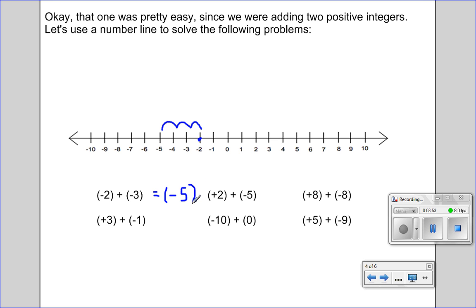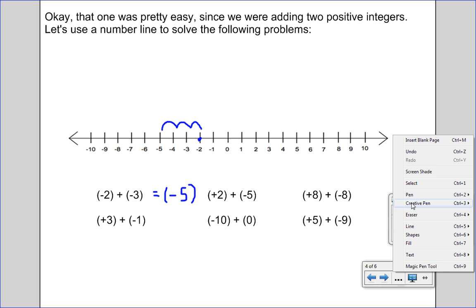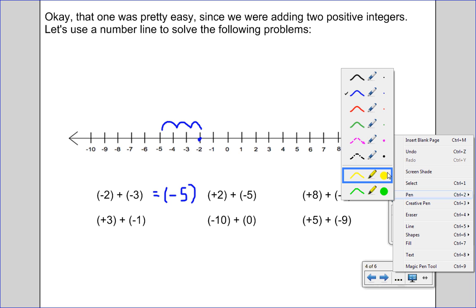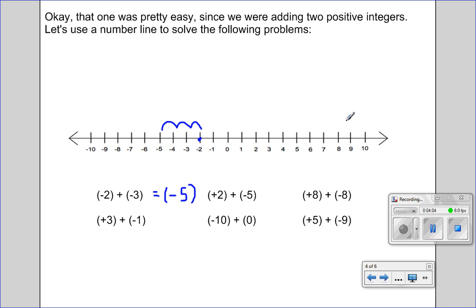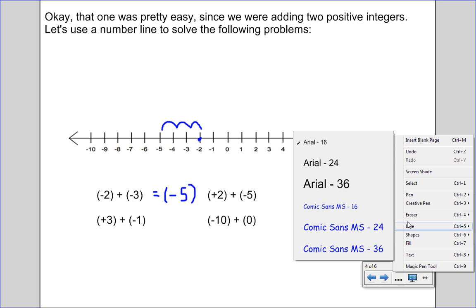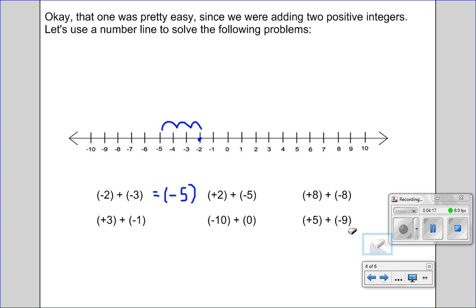Okay, try another one. I'll just switch to a different pen color. Let's go with the red, shows up pretty clearly. So here we're at, let's do this one, positive 2 plus negative 5. You know, let me just turn on my eraser first. Okay, there you go. I think that'll be a little bit easier to see.